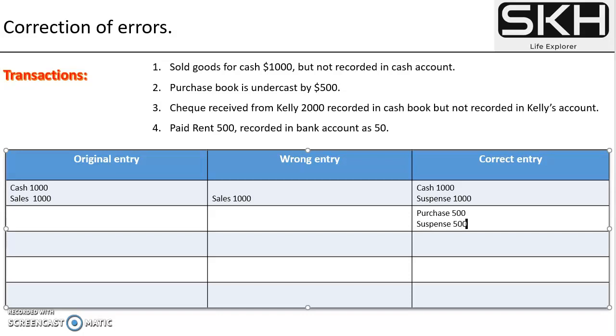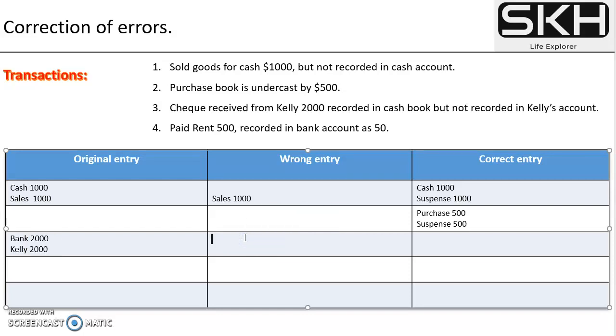by 500. Another example: check received from Kelly, 2000, recorded in the cash book but not recorded in Kelly's account. If we are receiving a check from Kelly, I should do bank debit by 2000 and Kelly credit by 2000. But instead, what did I do?